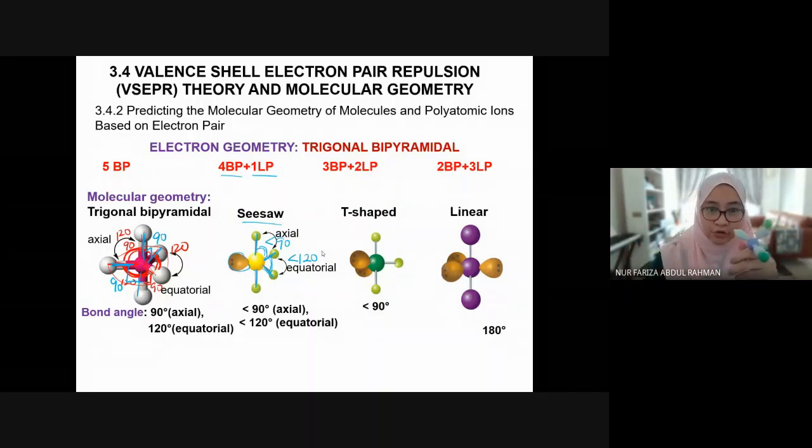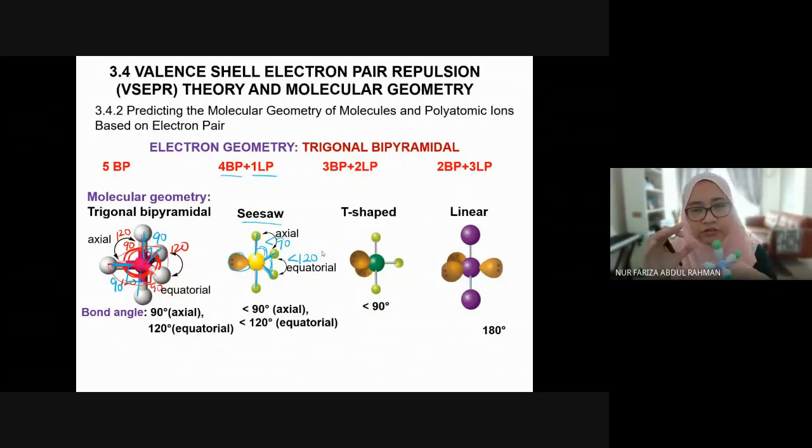Alright. So next, imagine if we have 2 lone pairs, guys. The electron geometry is still trigonal bipyramidal. It's just that now we have 3 bonding pairs and 2 lone pairs. In total we still have 5 electron groups. It's just that the number of bonding pairs and lone pairs is different. So where should we place the second lone pair, guys?